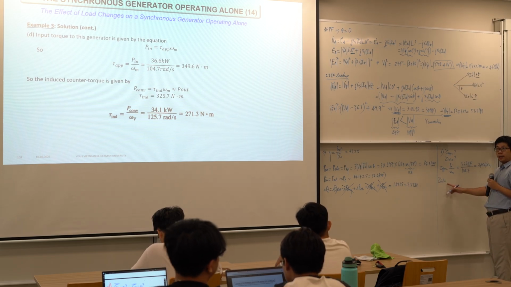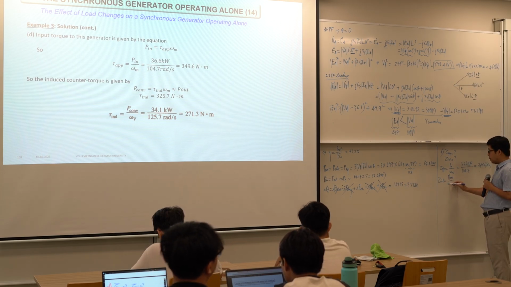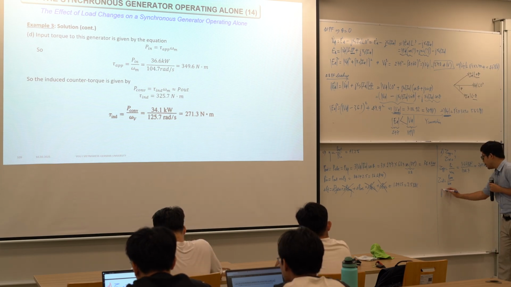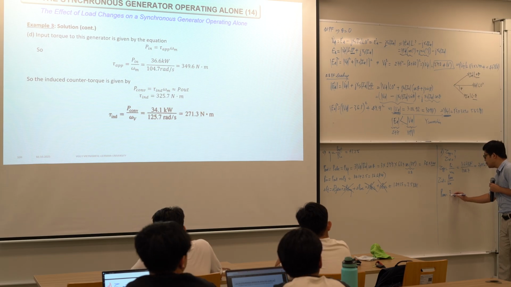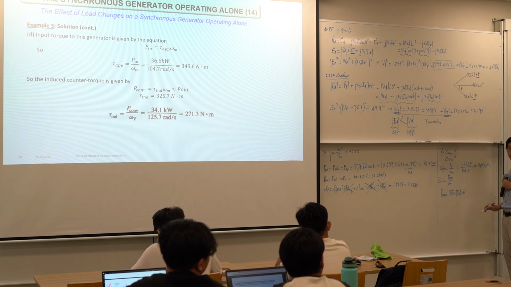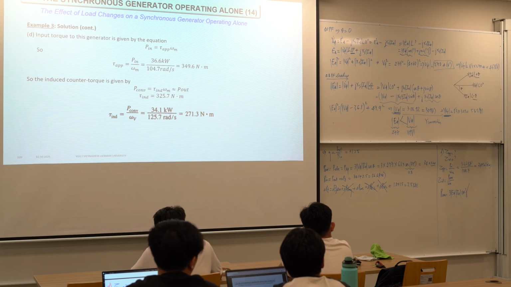Induced torque is what? P converted over omega m. Do you know P convert? Yes. So P converted is 3 EA IA cosine gamma.